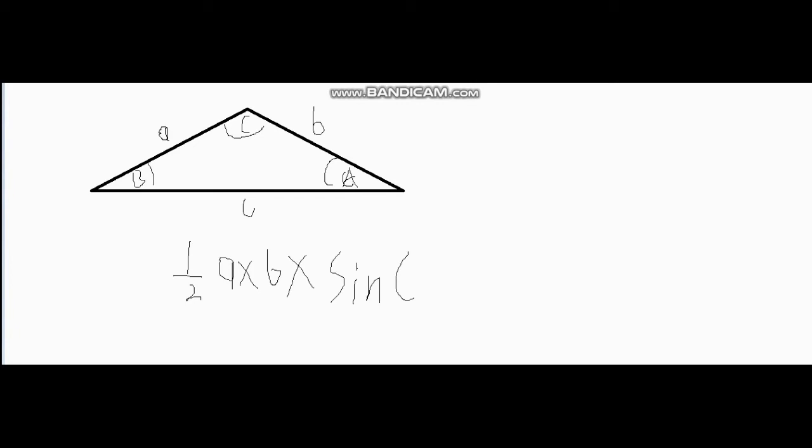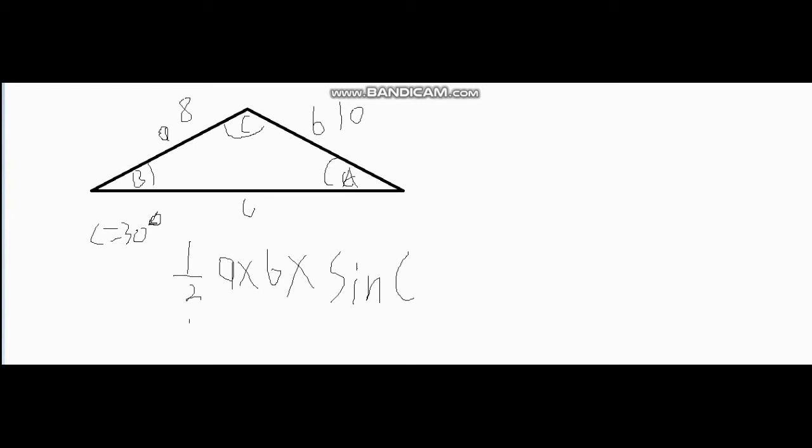So let's say we had angle C equal to 30 degrees, and we have A equals 8 centimeters and B equals 10 centimeters.